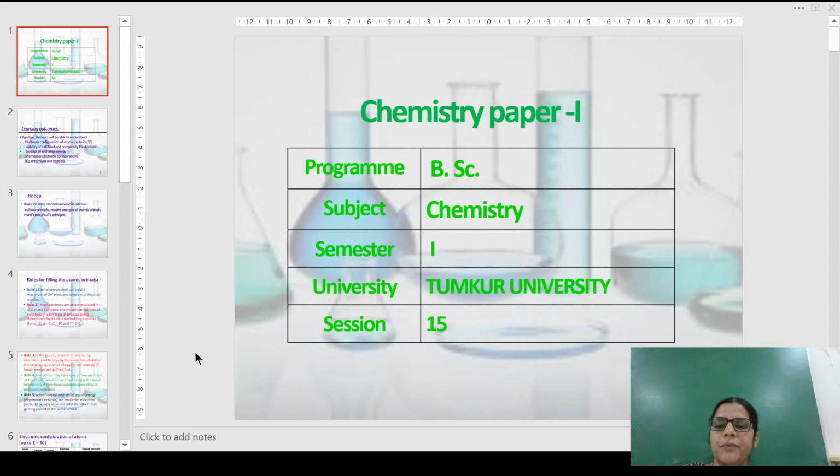Apart from that, there is one more possibility, that is something called exchange energy, and that will be larger in orbitals that are half filled or completely filled. Here, more electrons with identical spins will be there, and the more electrons with identical spins, the more will be the exchange energy, or exchange with the other orbitals.